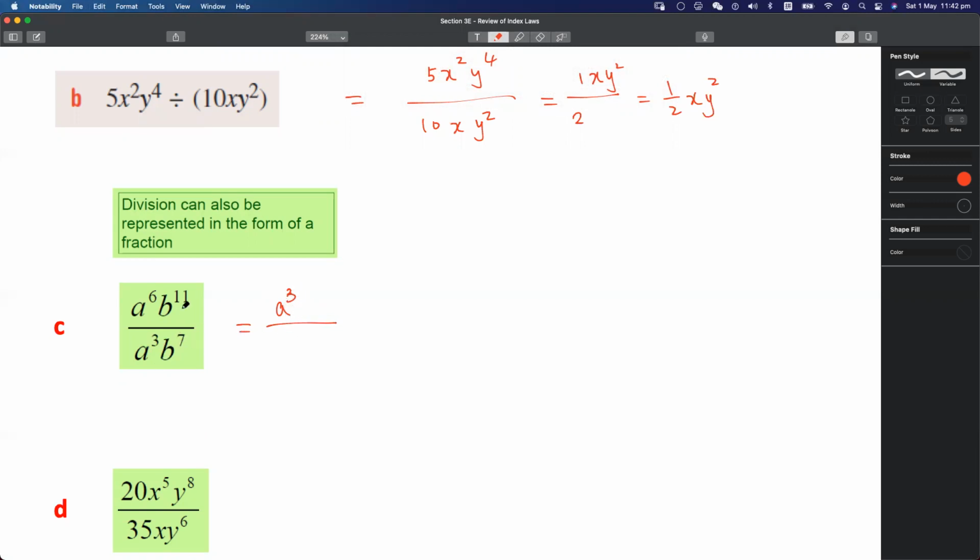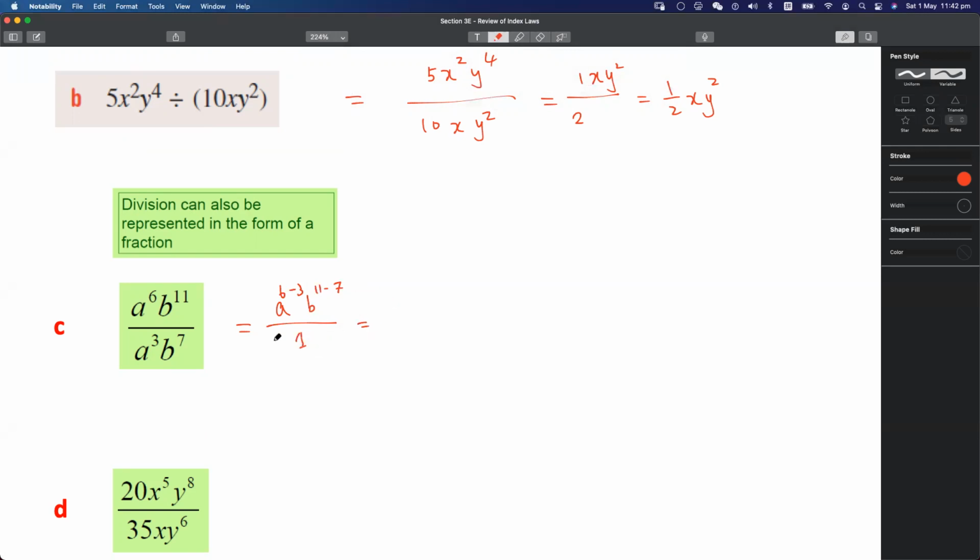And we look at b to the power of 11 and b to the power of 7. That's just going to be b to the power of 11 minus 7. Let's write it in this way, 6 minus 3, so it's easier to understand, 11 minus 7. And on the bottom is just 1.